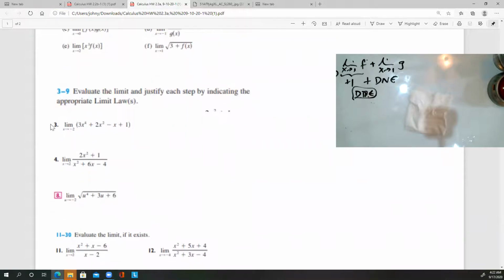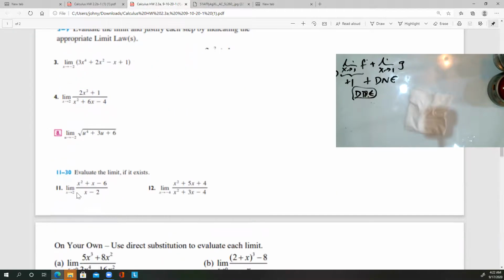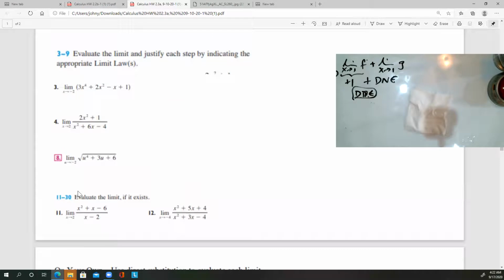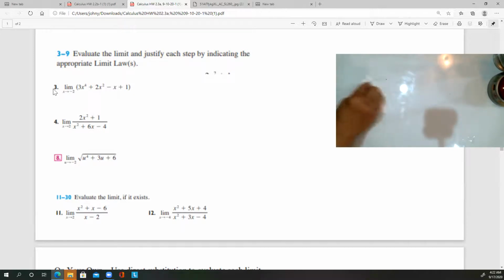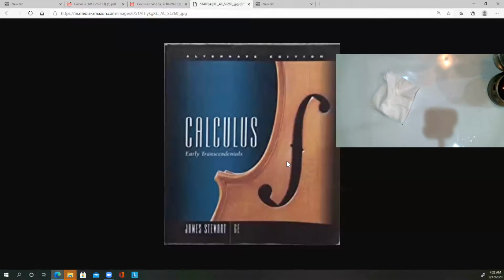Let's do this, number 3, 4, 5. I'm going to do this a little bit rigorously if I can. Let's just pick one of them. And the reason why is, as part of your homework, if you look at the book, again, where's your book? There it is right there, right?